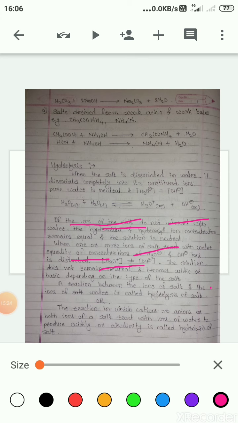But when we prepare the solution of salts, then salt also gets dissociated and it forms cations and anions, and these cations and anions interact with water molecule, and the concentration of H3O plus ion, that means the hydronium ion, and OH minus ion does not remain equal, and therefore the concentration of hydronium ion is not equal to the concentration of OH minus ion, and therefore acidity or alkalinity of the solution gets changed.